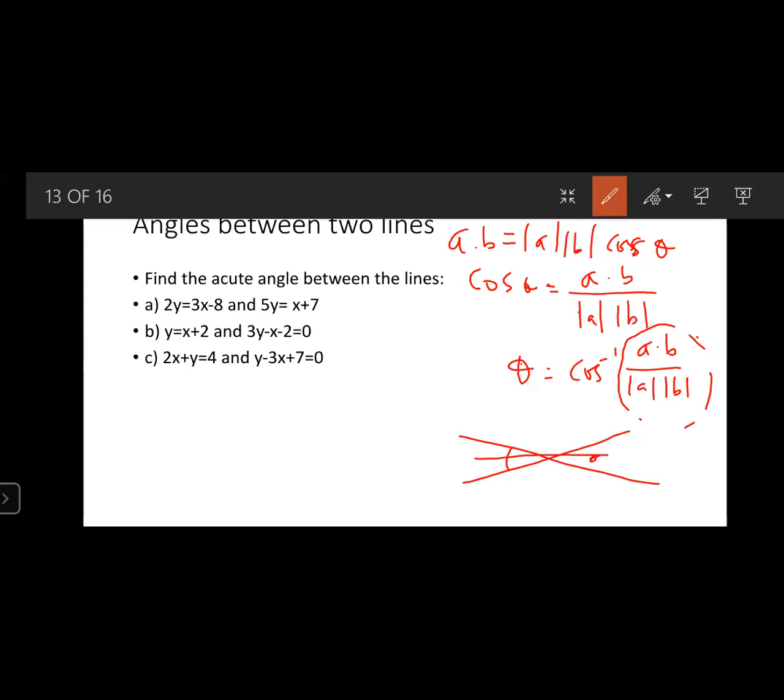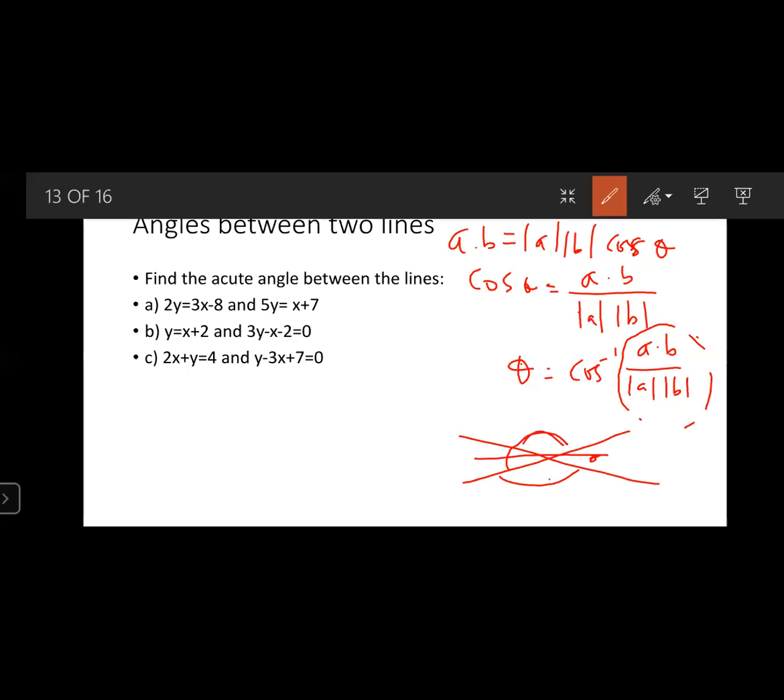We also have another angle here. This is another angle. We have 4 angles there. Two opposite angles are equal. So this is also another angle which is vertically opposite to this.